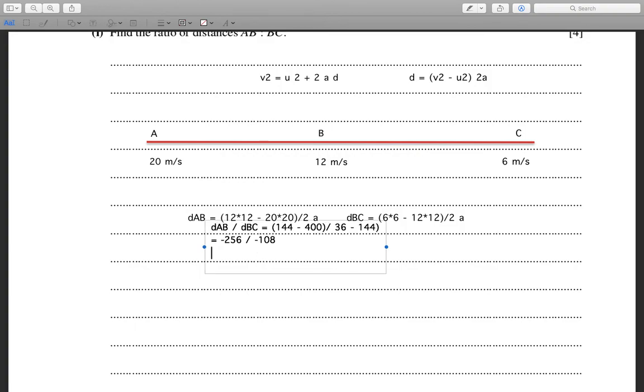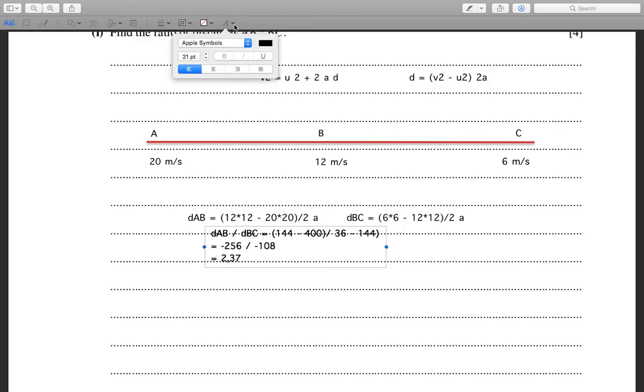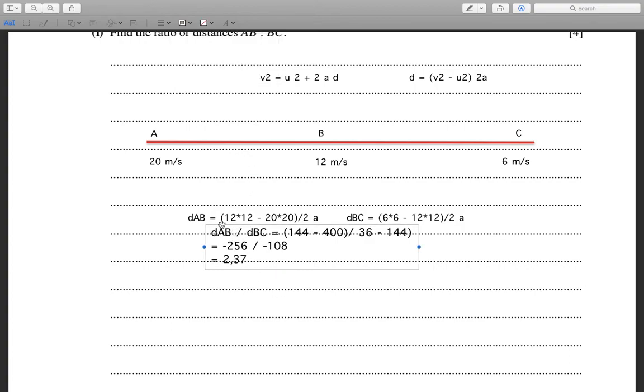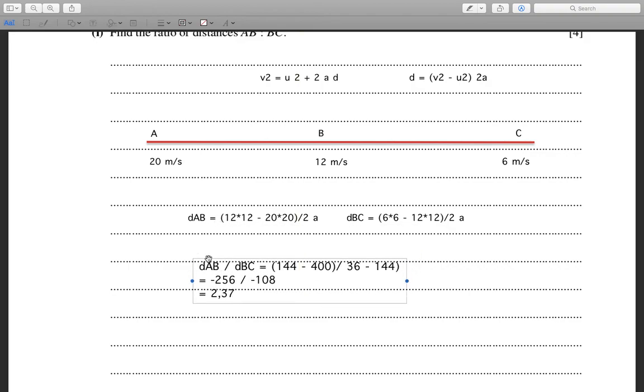Then the ratio is 256 divided by 108, which is around 2.37. This is the ratio between the distance AB and the distance BC.